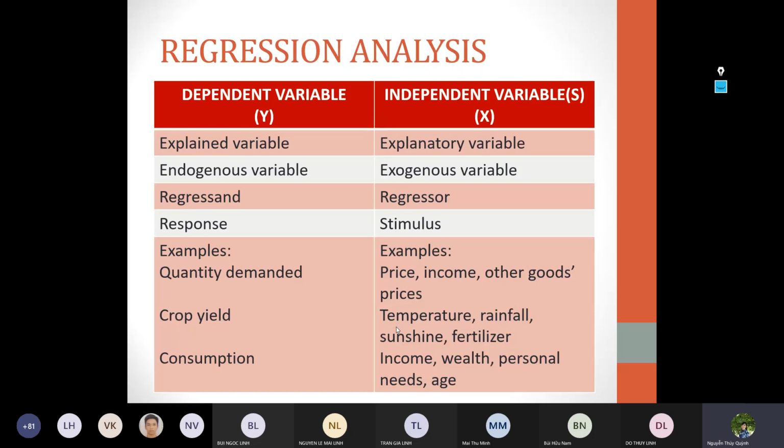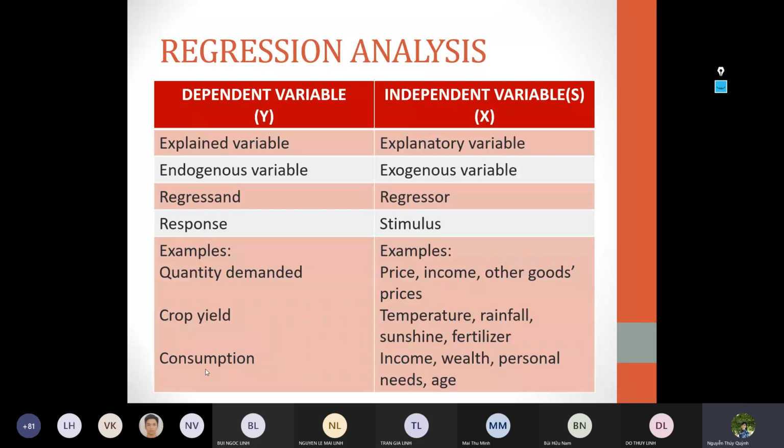And for consumption, if consumption is the dependent variable, then we can use independent variables like income, wealth, personal needs, and age to explain the consumption of individuals, for example.